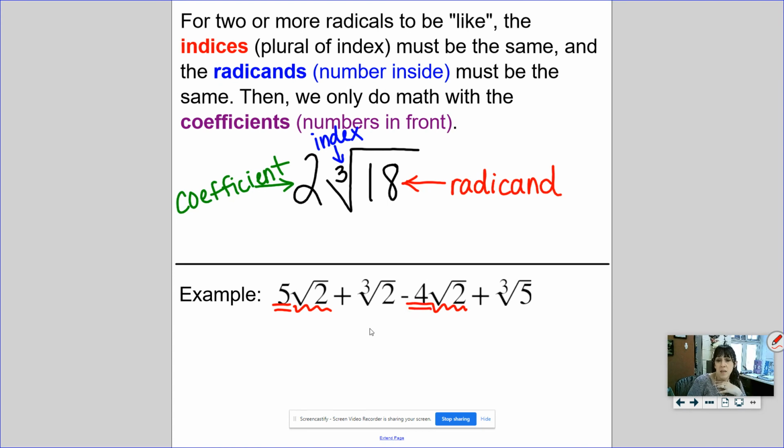So 5 plus negative 4 would give me 1 radical 2 if I combined those two. My other two terms remaining both have the same index, but they don't have the same radicand. So they cannot be combined because they are not like radicals. So if my question said to simplify, I would not be able to simplify any further. So I would just need to bring down those two terms that are not like radicals. And that would be all you could do here.